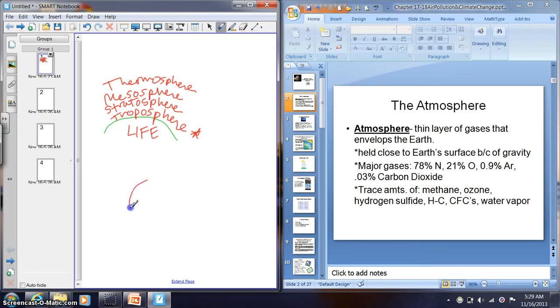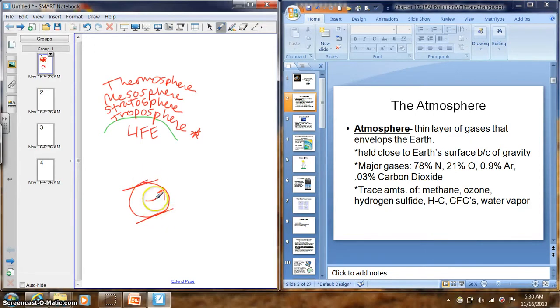So here's the Earth, and the Earth rotates, and as it's rotating, the gases tend to flatten out at the poles. So the atmosphere at the poles is really thin in comparison to the atmosphere around the equator, just to make it simple.